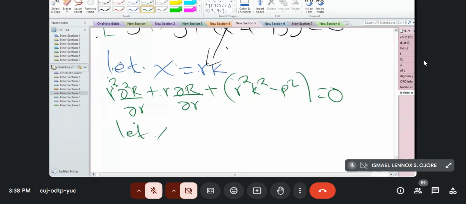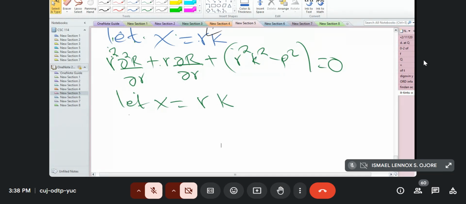So once we let our x equals rk, we want to write our partial R with respect to small r in terms of the partial derivative with respect to x. We know that chain rule permits us to write this as partial R, partial x, partial x, partial small r, right? Are we at par? Yes.